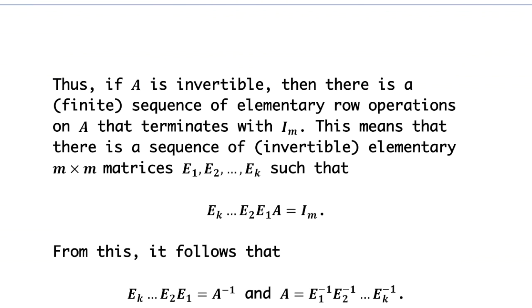Thus, if A is an invertible matrix, then there is a finite sequence of elementary row operations on that matrix A that finally terminates with the identity.